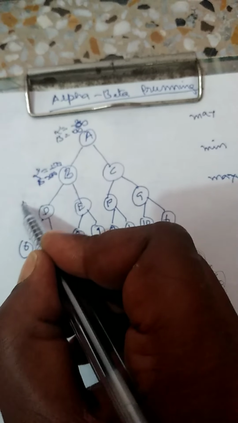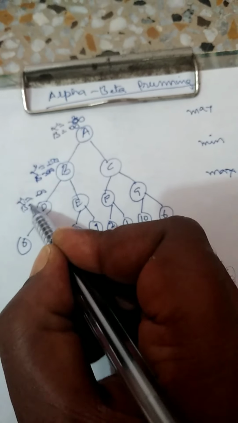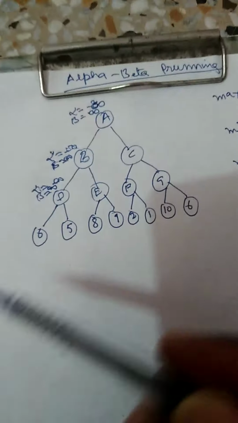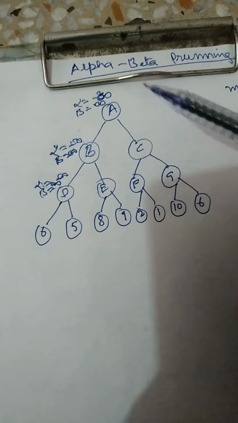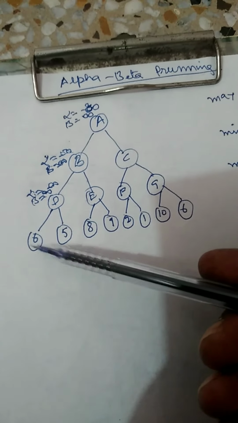It will use depth first search, so the child nodes also get alpha equal to minus infinity and beta equal to infinity. This is depth first search. We move A, B, D. Now consider this, this is max.